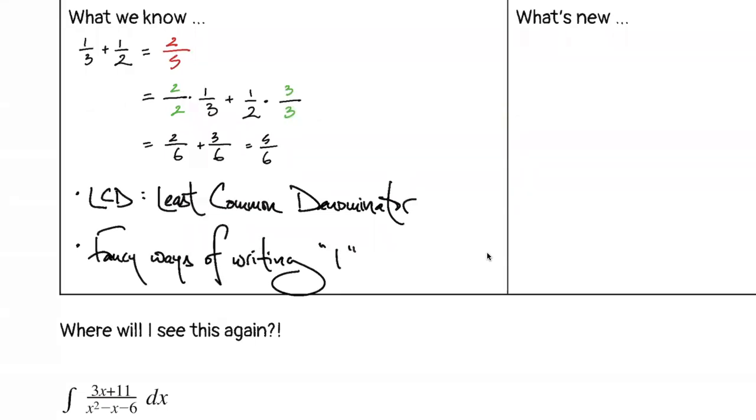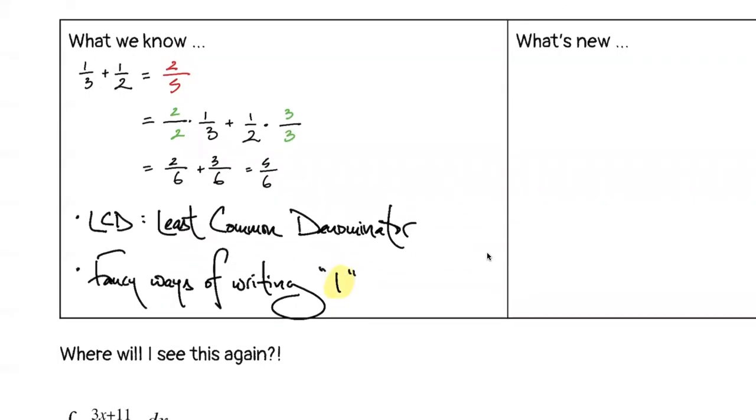Like literally the number 1. Okay. So one of the ways I could write 1 might be 2/2, right? Another way that I could write it might be 3/3. And we're going to get even fancier than that as we apply what we know about fractions and least common denominators to this new idea of partial fractions.